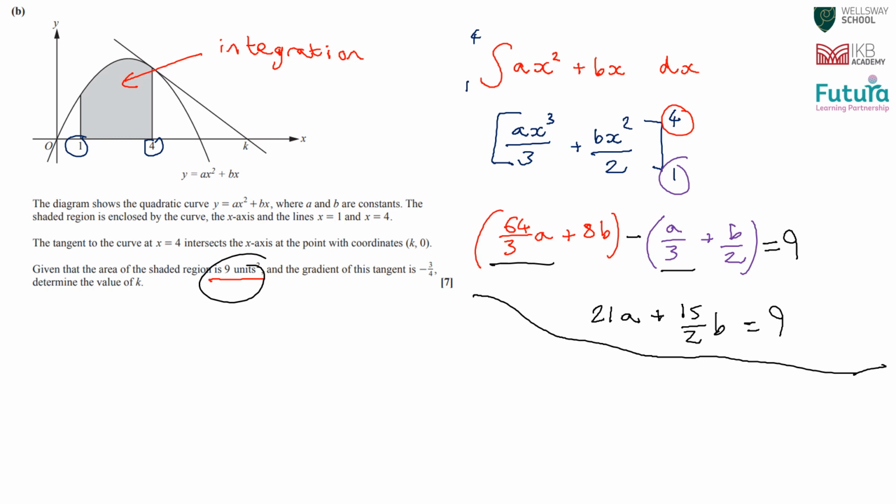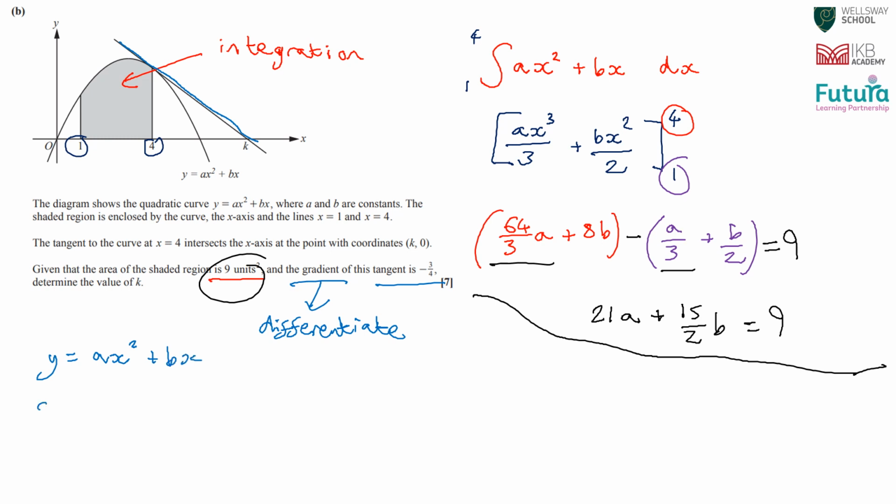We are told that the gradient of the tangent is minus 3/4. When you're talking about gradients of curves, the gradient of the tangent to the curve, this means we need to differentiate. So that's what we can do now. We have y equals ax squared plus bx.